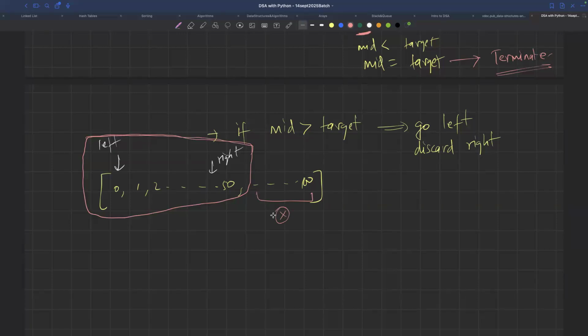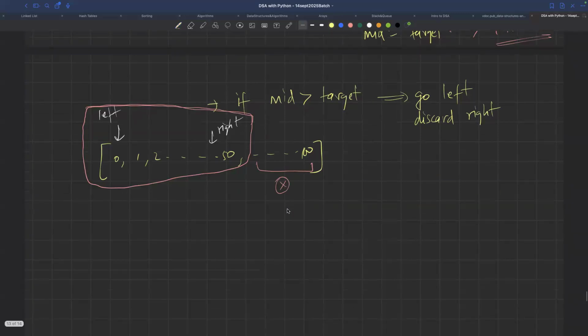Is it clear? And if mid is less than target, what will we do? We will go right and discard left.